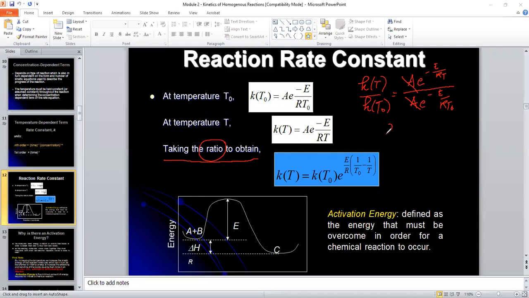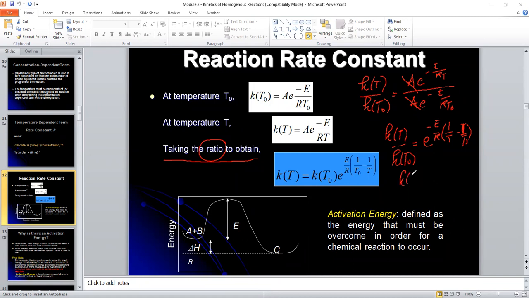Now I can write K sub T equal to, isn't it that we have in the rules of exponents that when we divide, we can represent it as subtraction, and you have negative E over R, and you have 1 over T minus 1 over T sub O. And since it's written here to be positive, you get this one negative and you interchange these two.